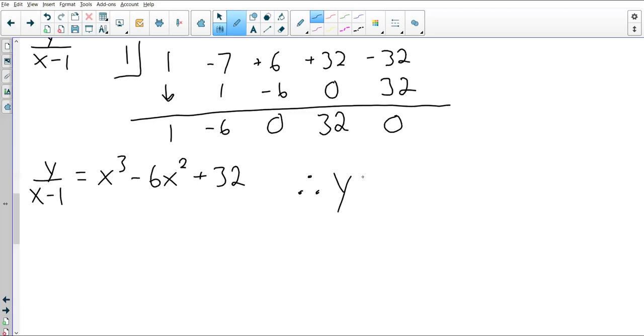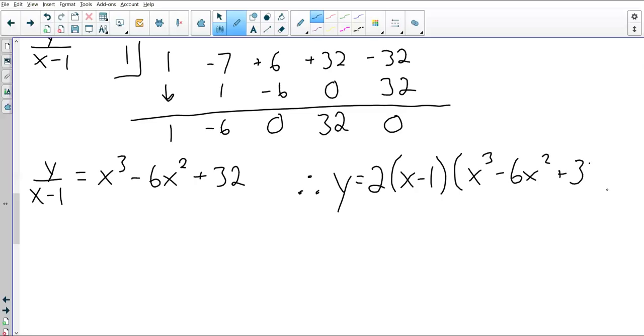Now, I'm using this to factor. So what I have done so far is I've rewritten my function y so it looks like this, right?